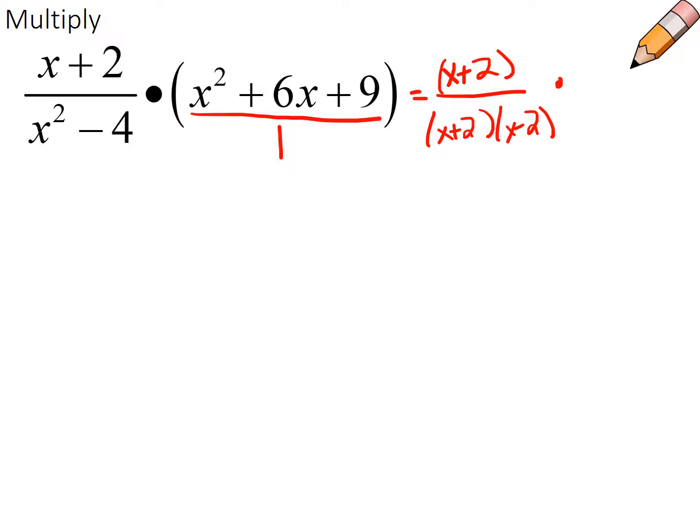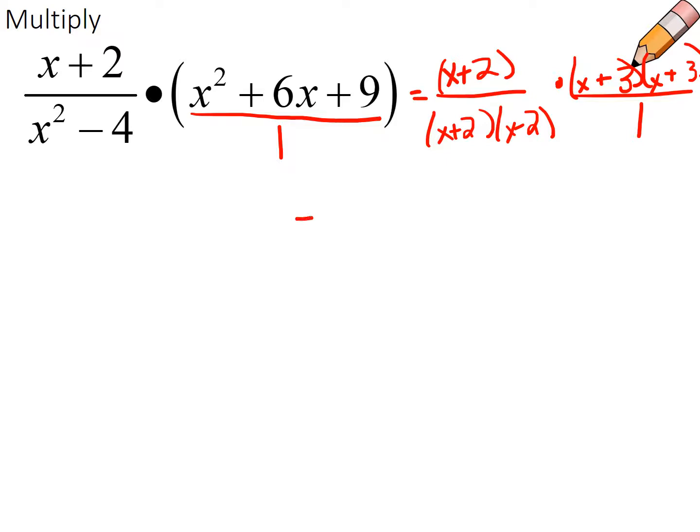We're multiplying by this polynomial. Our denominator is 1. Excuse me. X squared plus 6x plus 9 is going to be a trinomial pattern. So x times x gets me to x squared. Two numbers that multiply to 9 and add to 6. Well, that would be 3 and 3. It's a plus 3 to add to a positive 9, add to a positive 6.